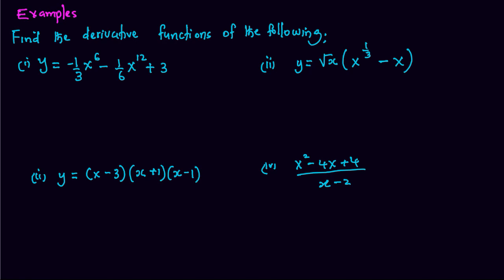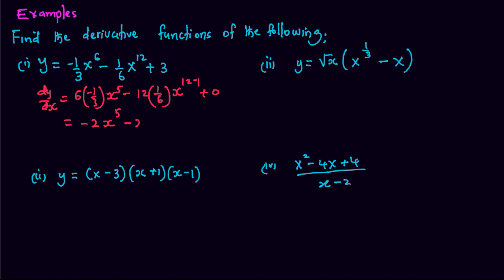So for this case, dy over dx is equal to 6 minus a third x raised to power 5 minus 12 times 1 over 6 x raised to 12 minus 1 plus 0, which gives us minus 2x raised to power 5 minus 2x raised to power 11 as our dy over dx.